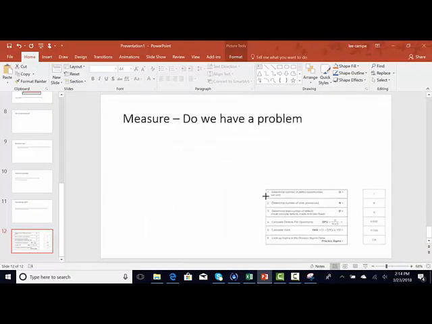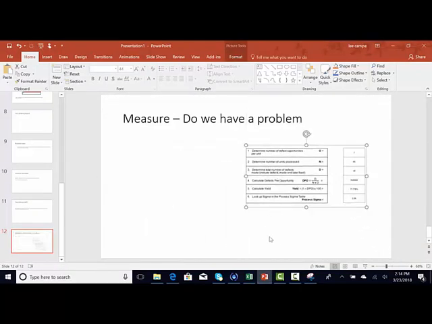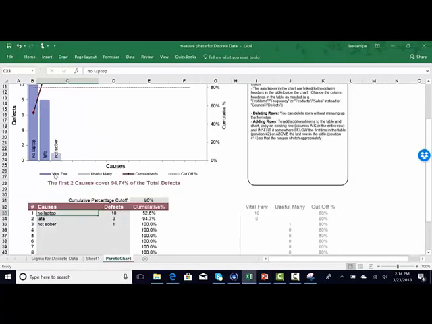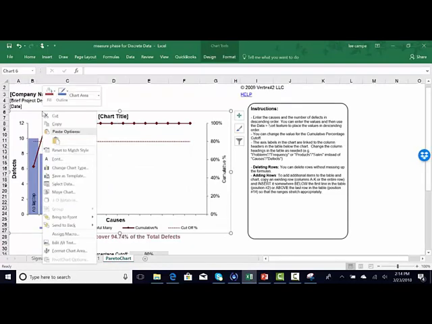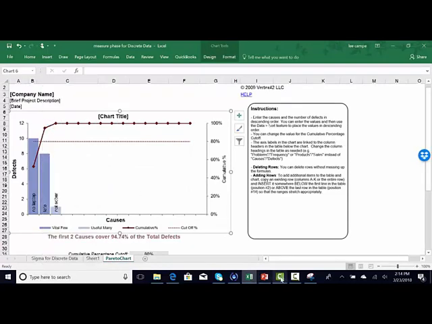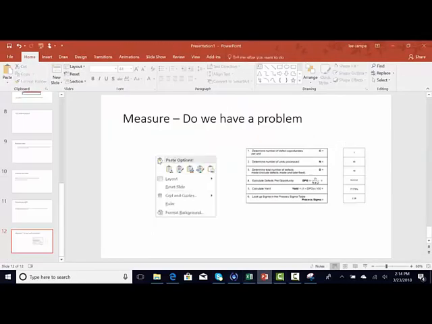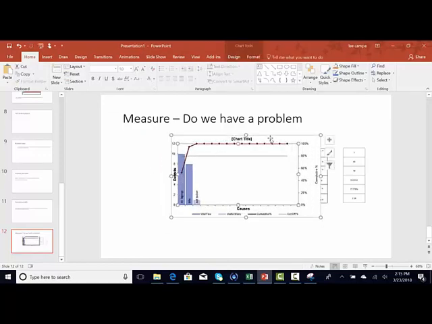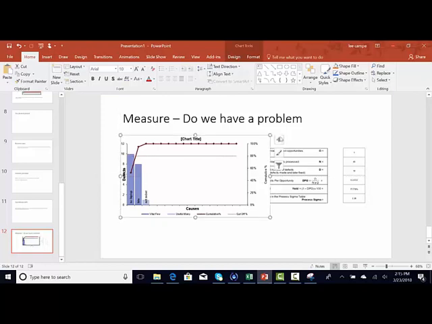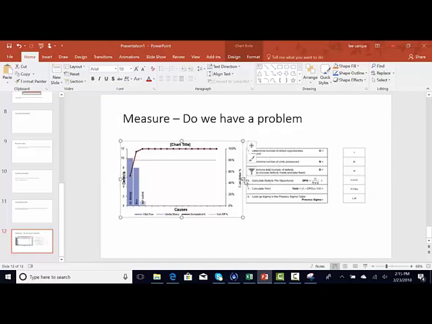Definitely need to shrink that down, don't we? And let's get our Pareto chart. Copy, bring that on over, and probably shrink that down a little bit.